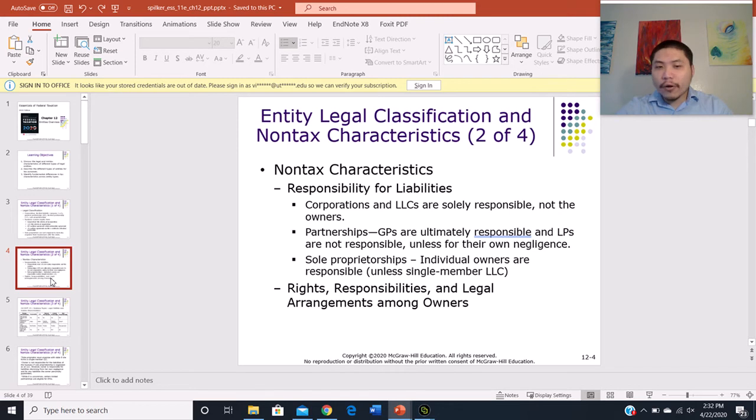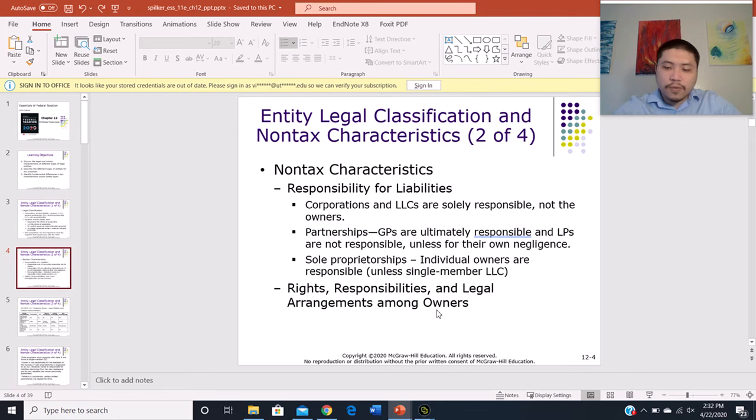So for LLCs and partnerships, it is very easy and common for business owners to make adjustments to the operation of the business. They have the flexibility to do such things, not like in a corporation, right? And for a sole proprietorship, since there's only one person who owns the business, it doesn't really matter.